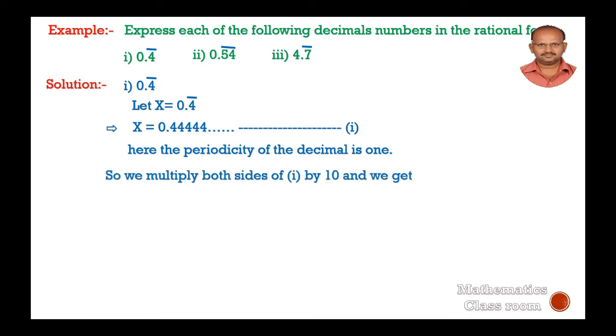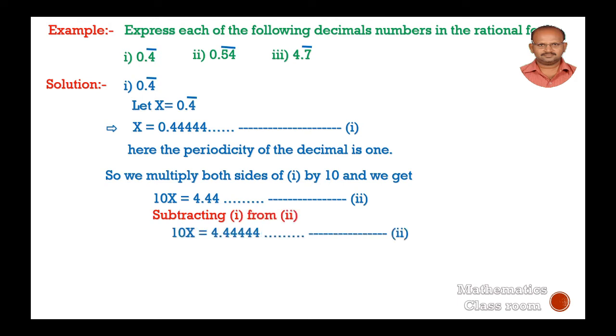So we multiply both sides of 1 by 10 and we get 10x is equal to 4.44 and so on. It is equation number 2.